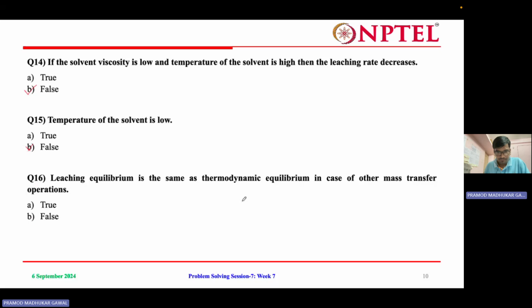So in a leaching process, at equilibrium, the solute in the overflow is equal to the solute in the underflow, right?